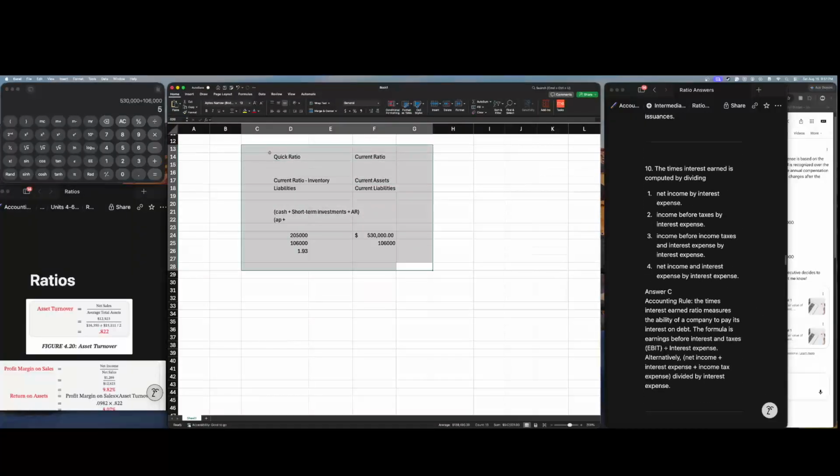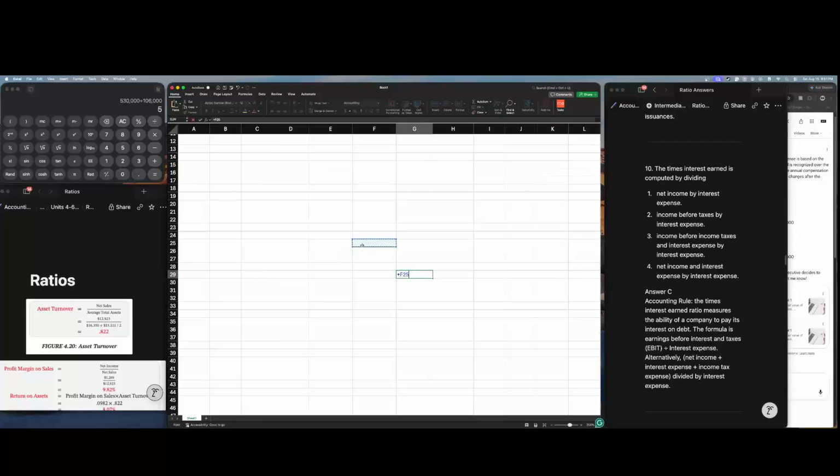So the times interest earned. Times interest earned is earnings before interest and taxes divided by interest expense.